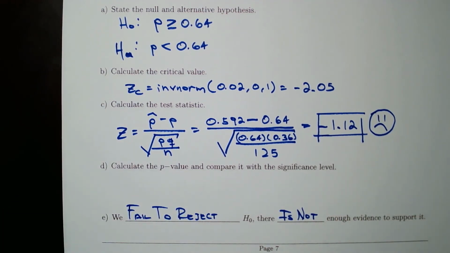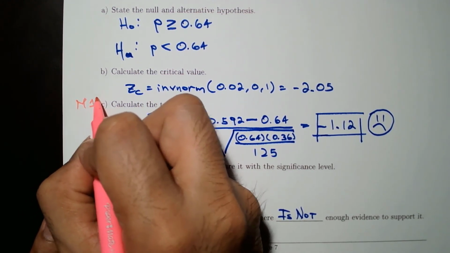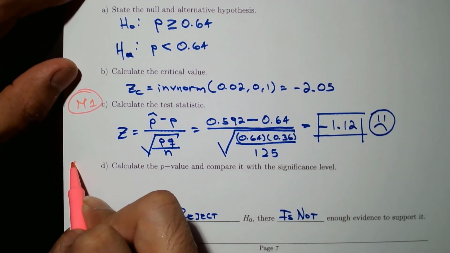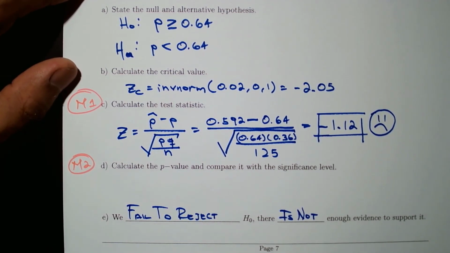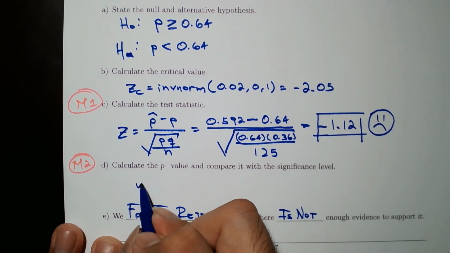Okay, so now let's do it using the second method. Again, this was method 1, using the test statistic. Now let's do it using the p-value, method 2. For method 2, I'm going to use normal CDF.